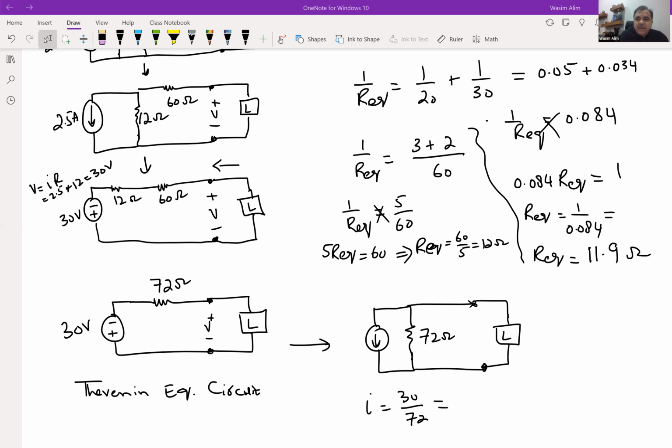So I will get 0.416, basically 0.4166 amperes, or this could be approximated to 417 milliamperes. So both answers would be correct.